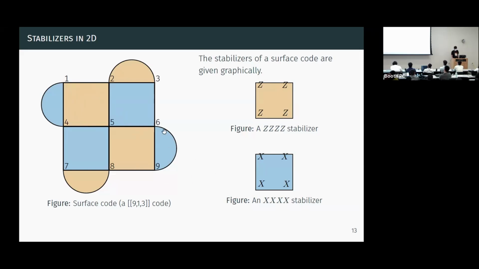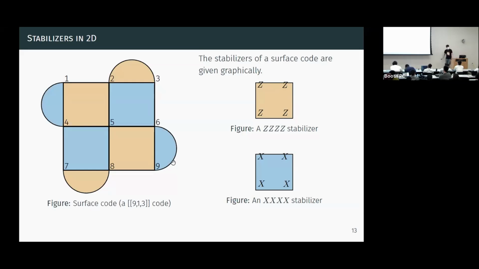These weird circles are just chopped-off squares that only stabilize 2 qubits, so this would be X6, X9. Clear so far? Check for yourself that you should now be able to write down the stabilizer generators.